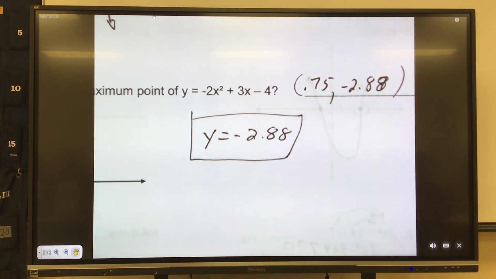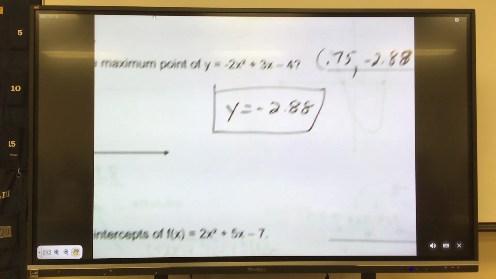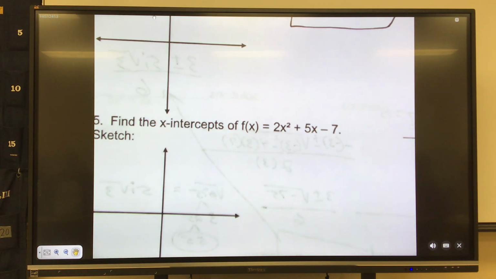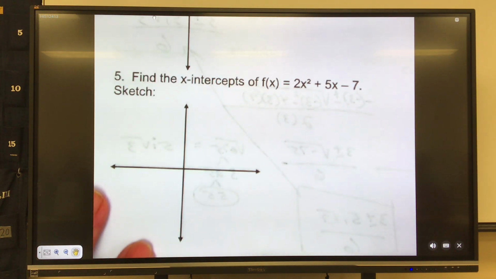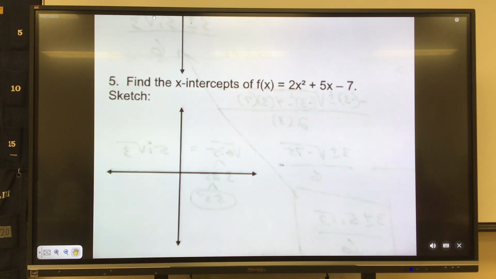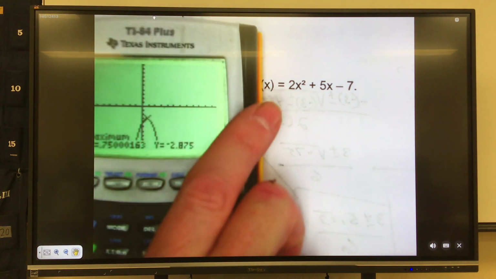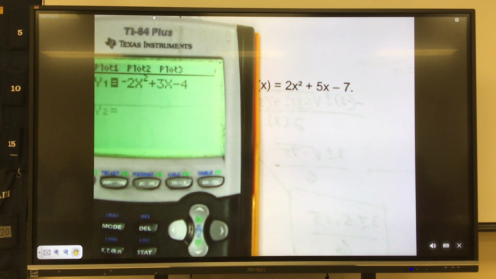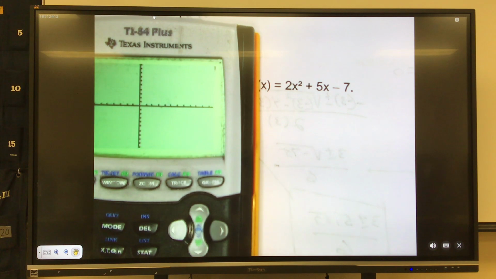Find the x-intercepts, which we know are also called, starts with a Z. Zeros. Roots. That's the roots. So we take this bad boy, put it in our calculator. Y equals, clear, 2x squared plus 5x minus 7. Hit graph.